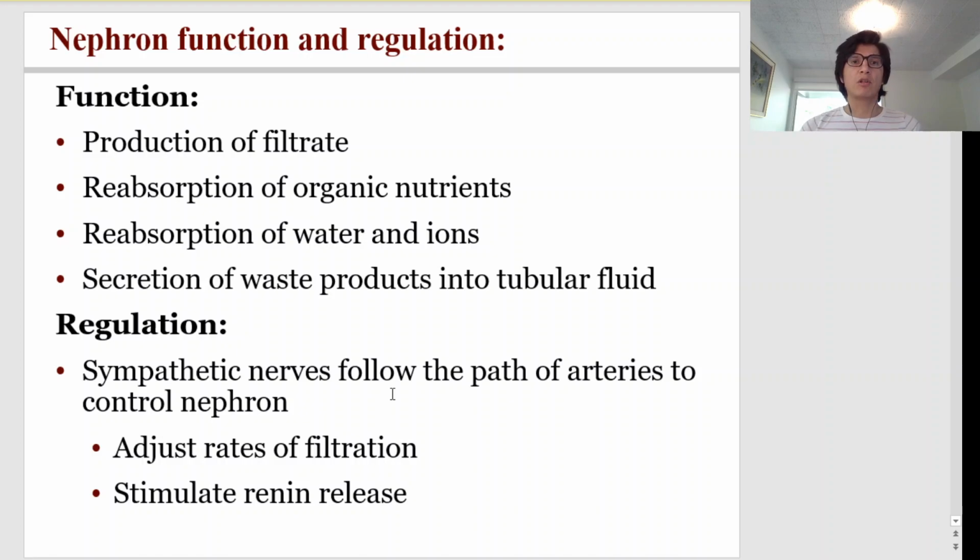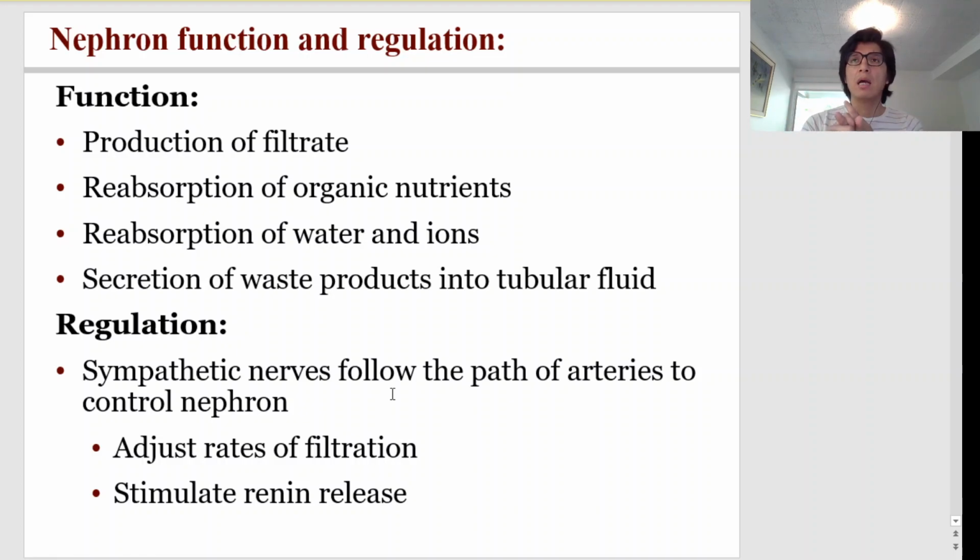So let's look at the function and the regulation of the nephron. The function of the nephron is going to be the production of filtrate, reabsorption of organic nutrients, reabsorption of water, and secretion of waste products. So basically, we can summarize this as filtrate production, so we indiscriminately filter components, then we reabsorb the ones that we need, including organic nutrients, water, and ions.